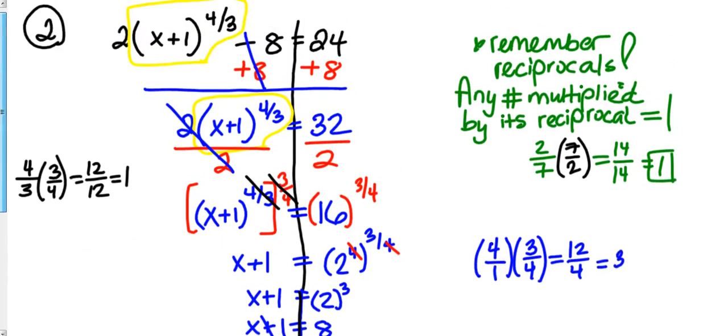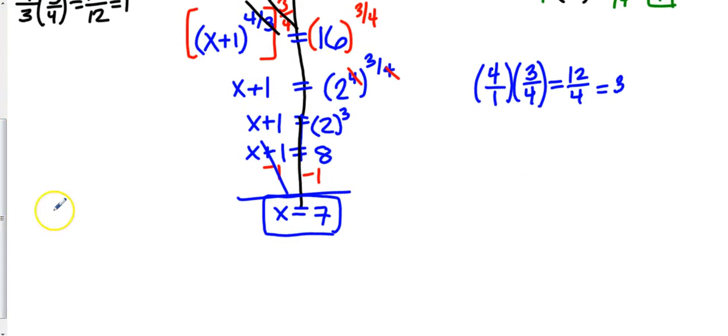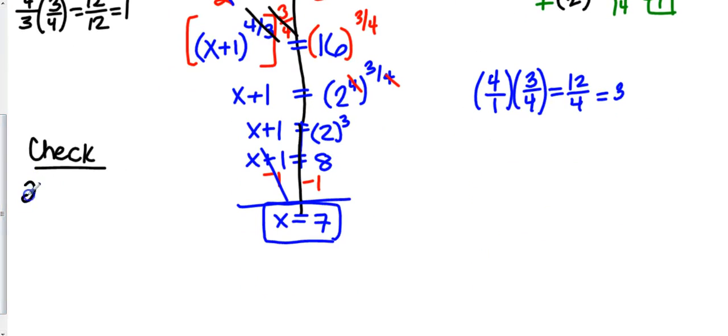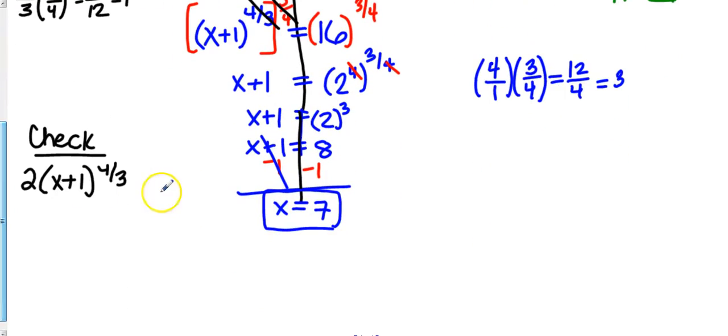All right, let's check the answer real quick. So let's do a check. So I'm just going to rewrite the original. (x plus 1) to the 4/3 minus 8 equals 24.